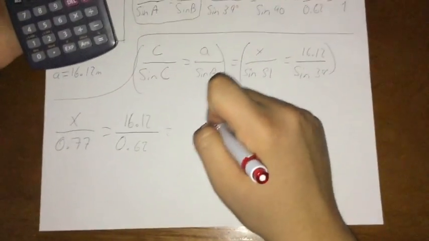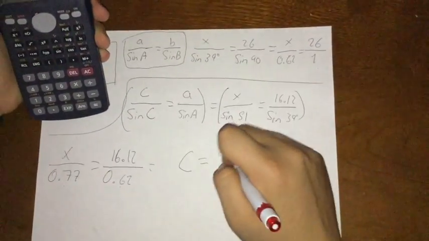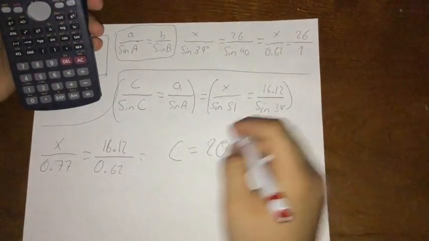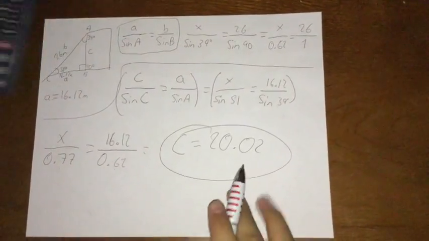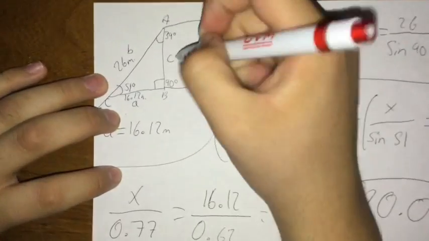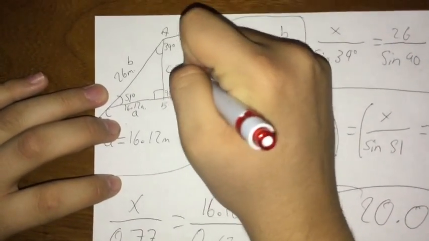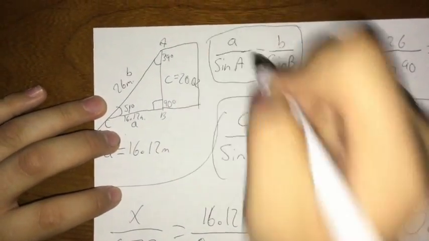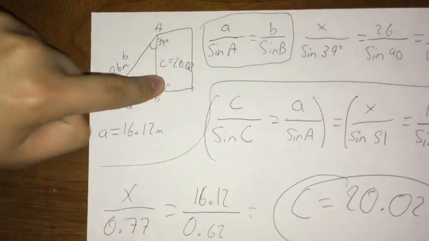So side C is equal to 20.02. This is the height of the building.